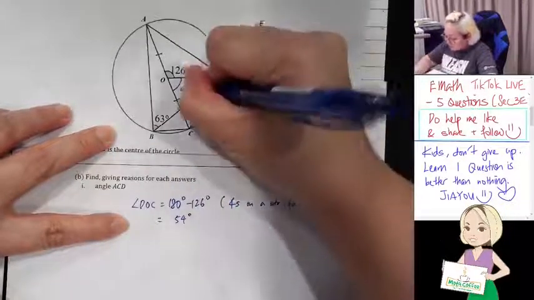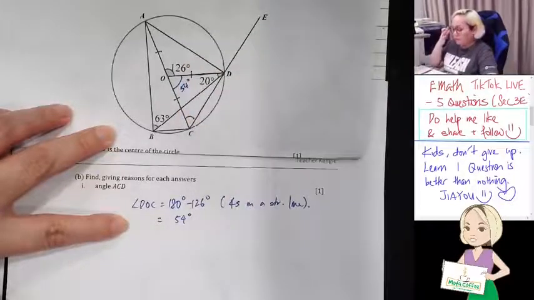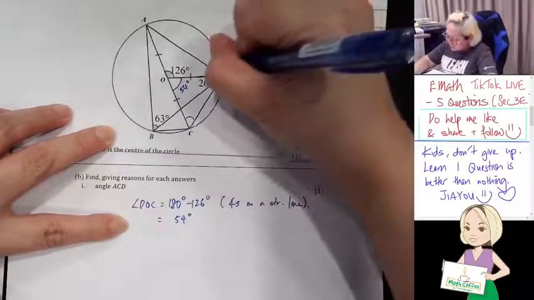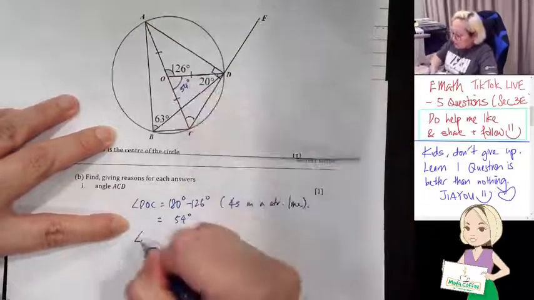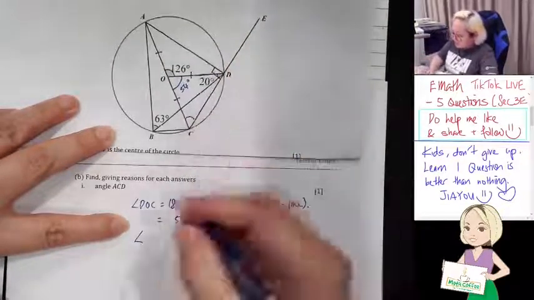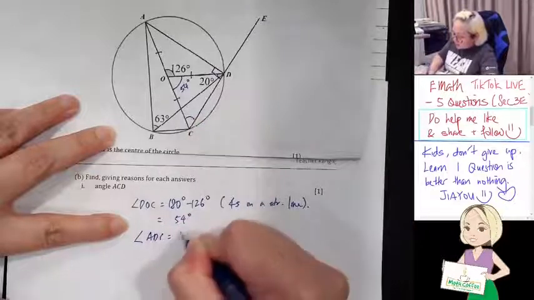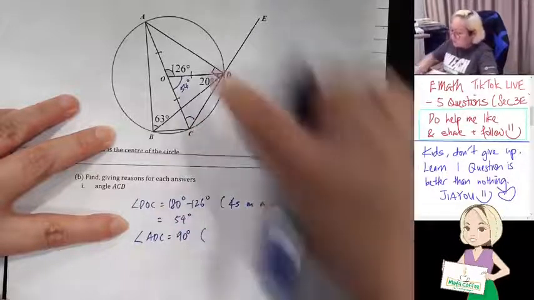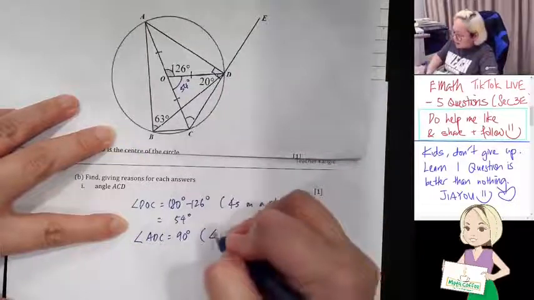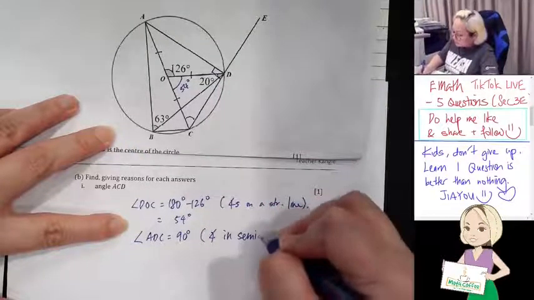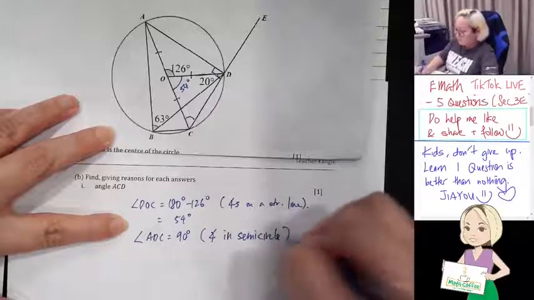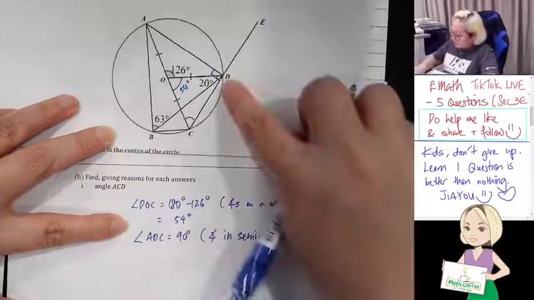Over here, this is 54 degrees. And this one is 90, because this is the center. So you will say angle ADC equals 90 degrees. The reason: angle in a semicircle. So we know this is 90 degrees.